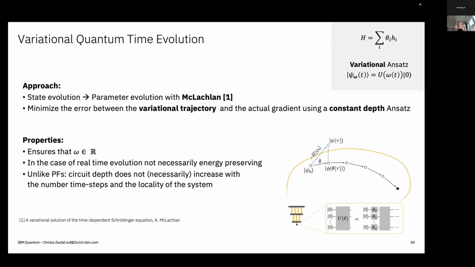And considering this evolution with respect to an initial state gives us the motivation or hope, if you want so, that we require significantly less depth than we would need in Trotterized approaches.